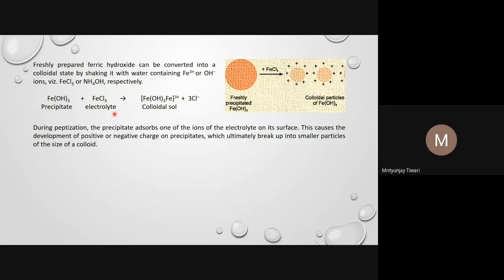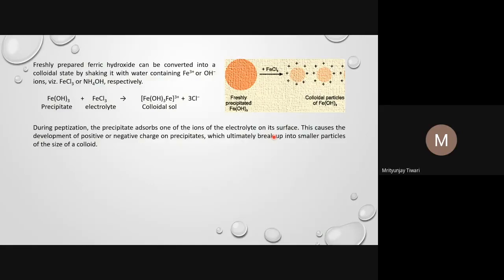So during peptidation, the precipitate adsorbs one of the ions of the electrolyte on its surface. This causes the development of positive or negative charge on the precipitate, which ultimately breaks up into smaller particles, because if positive charge gets adsorbed on it, because of the positive charge repulsion, it will break down into smaller pieces. Negative charges will also be repelling.